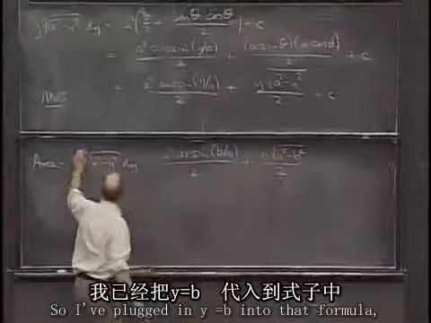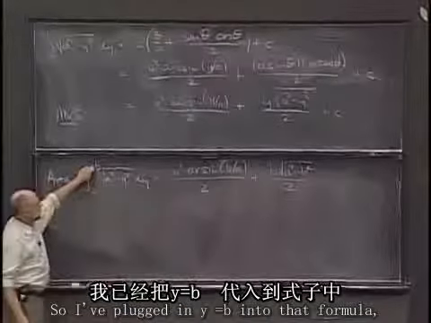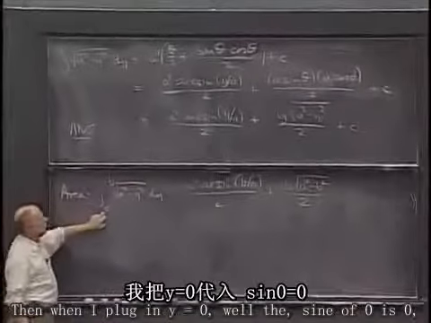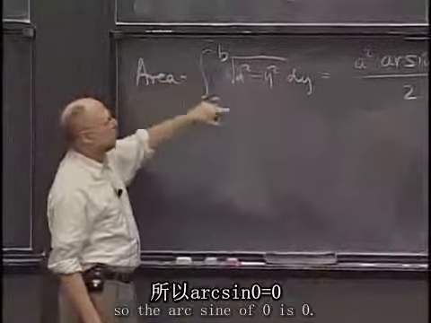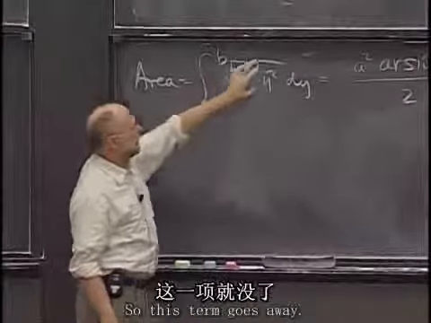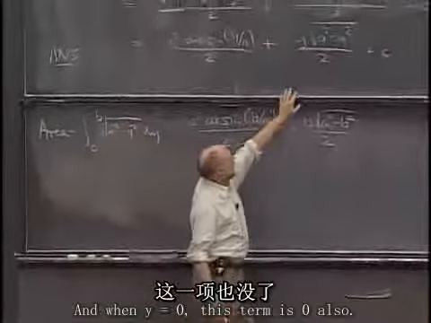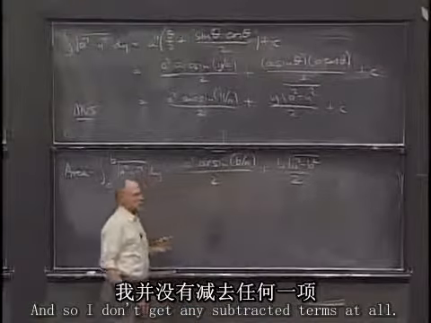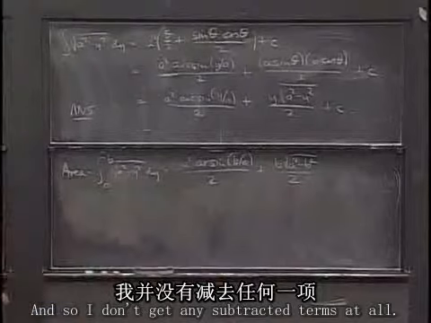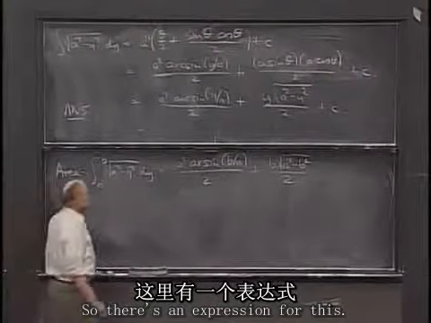So I've plugged in y equals b into that formula. This is what I get. Then when I plug in y equals 0, well, the sine of 0 is 0, so the arc sine of 0 is 0. So this term goes away. And when y is equal to 0, this term is 0 also, and so I don't get any subtracted terms at all.